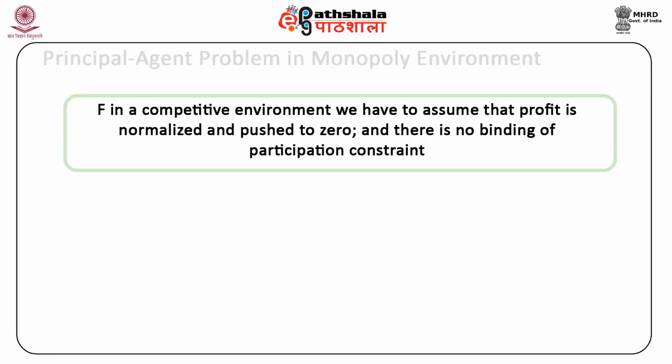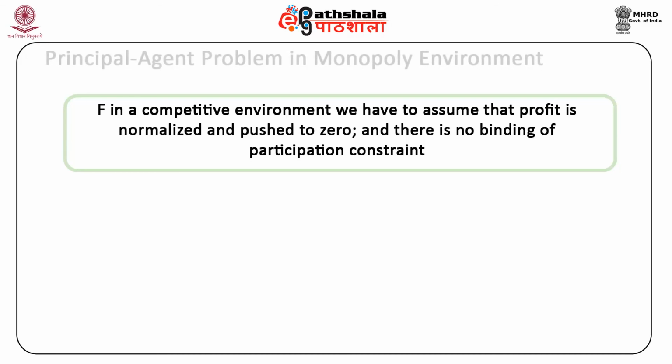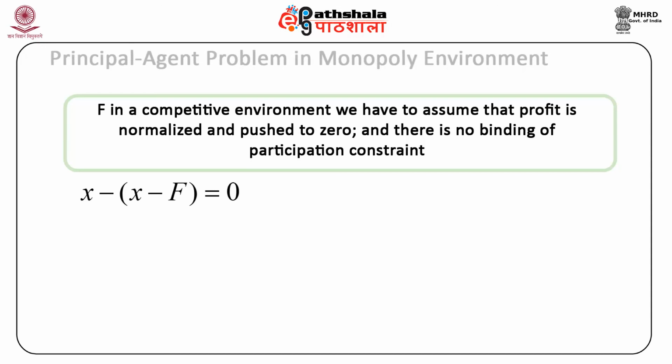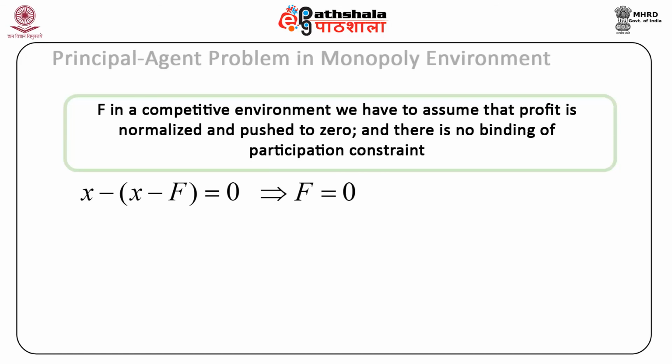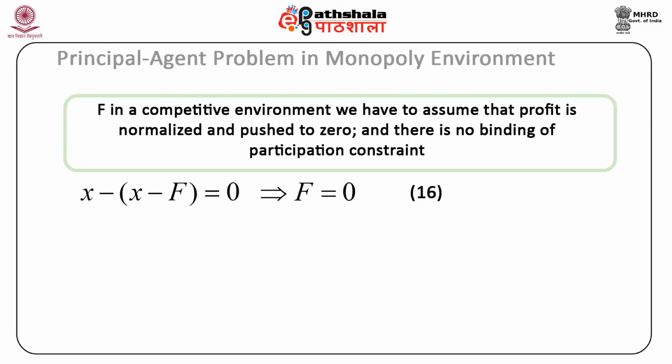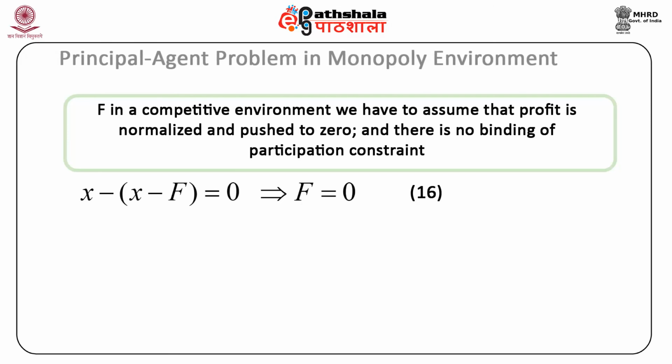Thus, capital F in this case is determined by the following condition: X minus (X minus capital F) equals 0, which represents that capital F equals 0. This is equation 16. In equation 16, the workers drive the monopoly rent to zero by exhausting their entire marginal products.